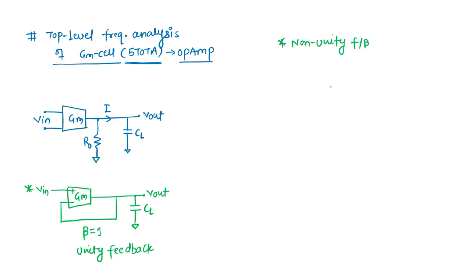Non-unity feedback: again, this is my GM cell and this is my input, which is plus minus. So it is your R1, R2, where I am getting a non-unity beta.